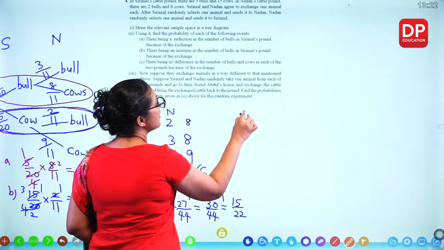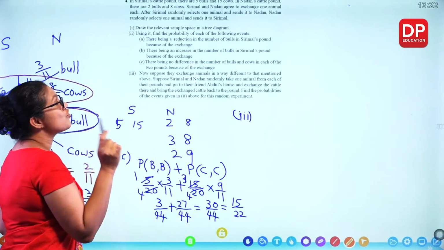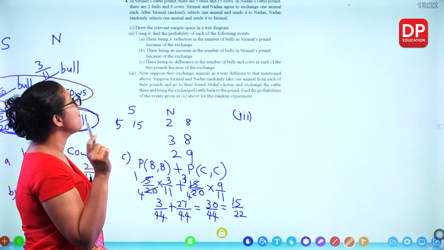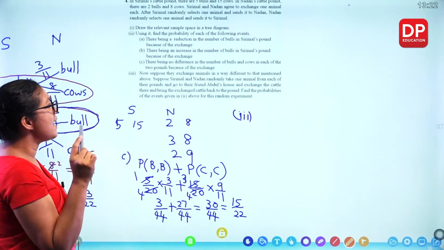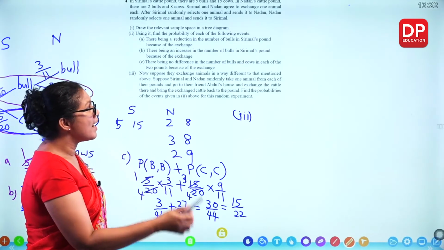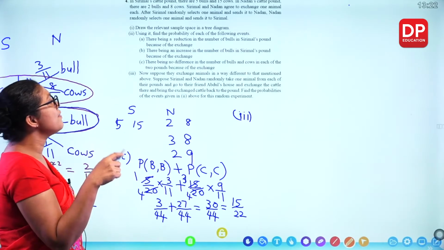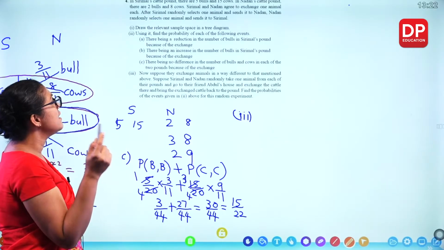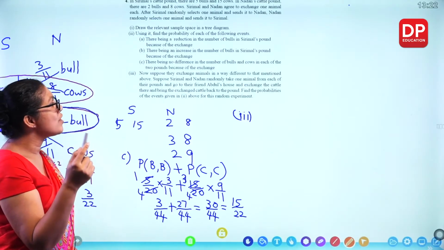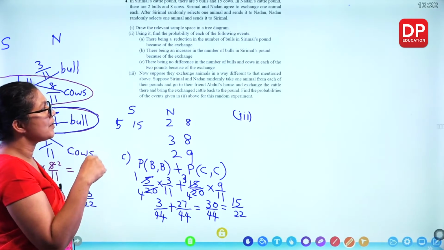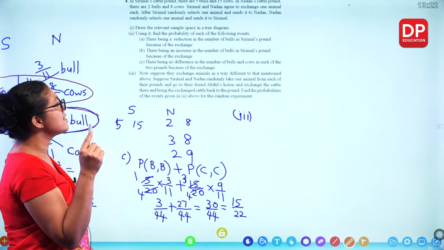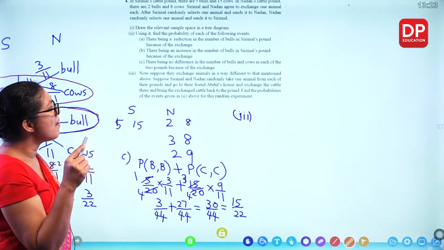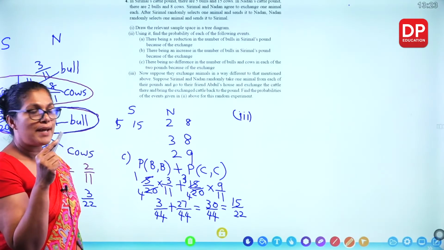Third part. Now suppose they exchange animals in a way different to that mentioned above. Suppose Sirimal and Nathan randomly take one animal from each of their pounds and then go to their friend Abdul's house and exchange the cattle there and bring the exchanged cattle back to the pound. Find the probabilities of the events given in part 2 above for this random experiment.